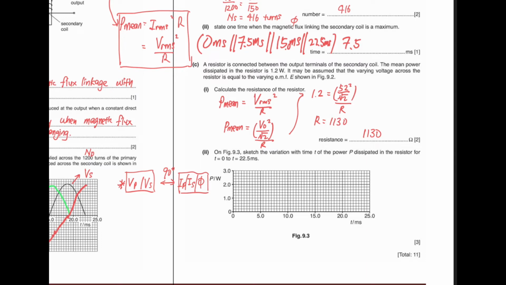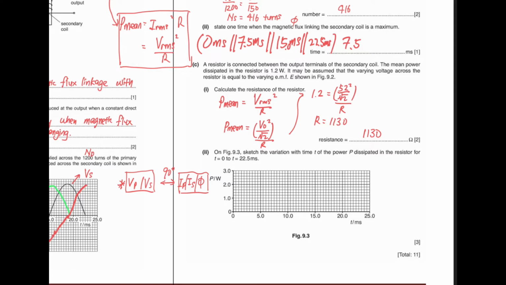Okay, part 2. On figure 9.3, sketch the variations with time t of the power P dissipated in the resistor for t equal to 0 to t equal to 22.5.